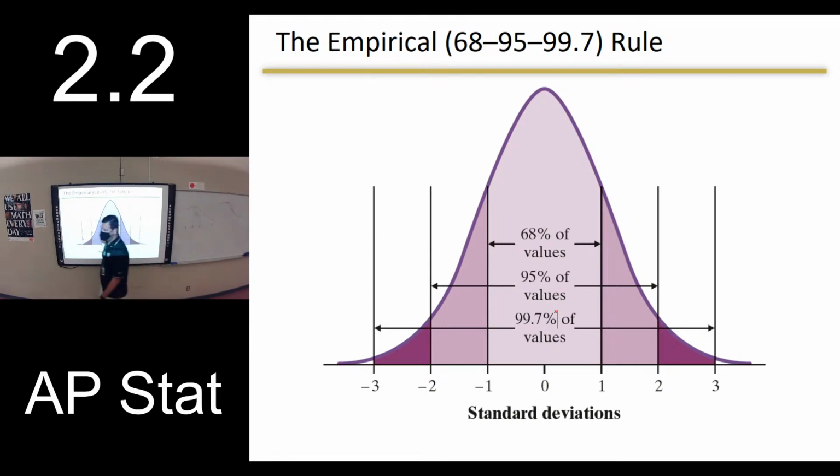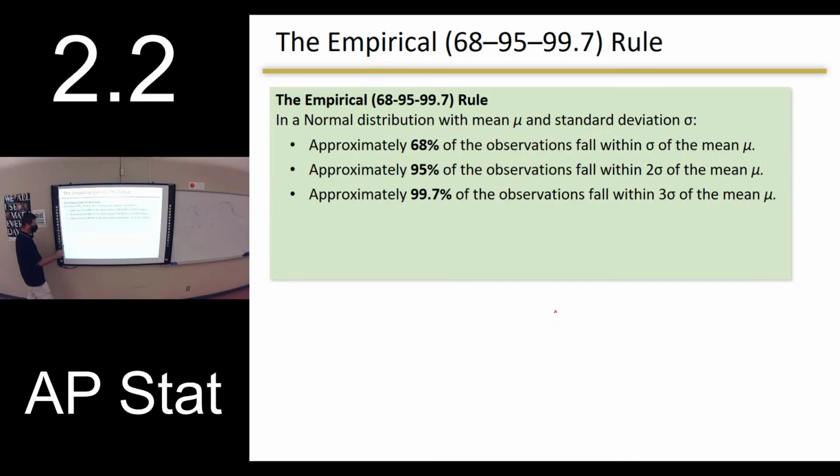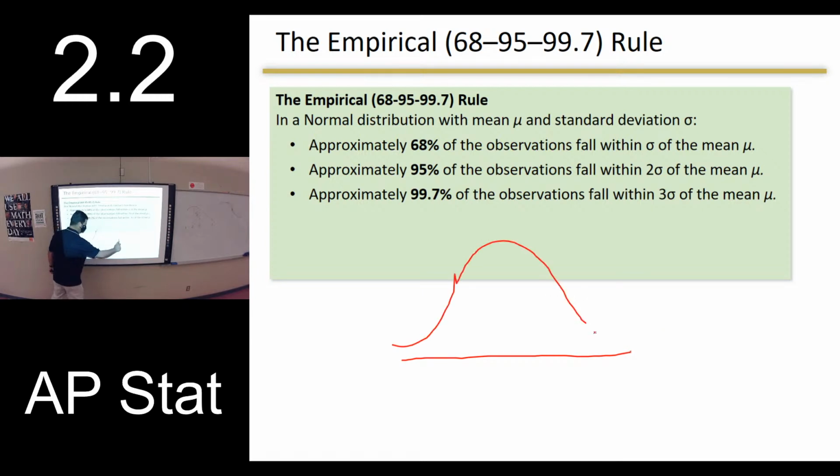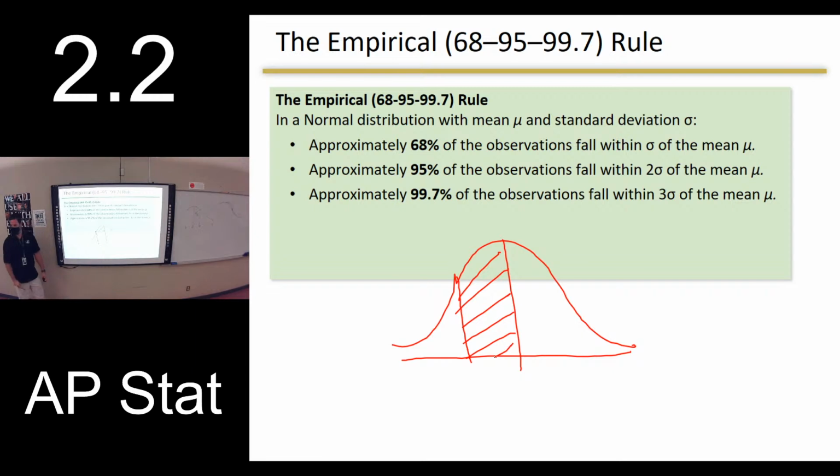So let me ask you this, do I have a blank one? No, let me do it from here. That's one standard deviation, negative one. Here's 0. Y'all okay with that? How much area is there? 34. Fair enough, half the 68.